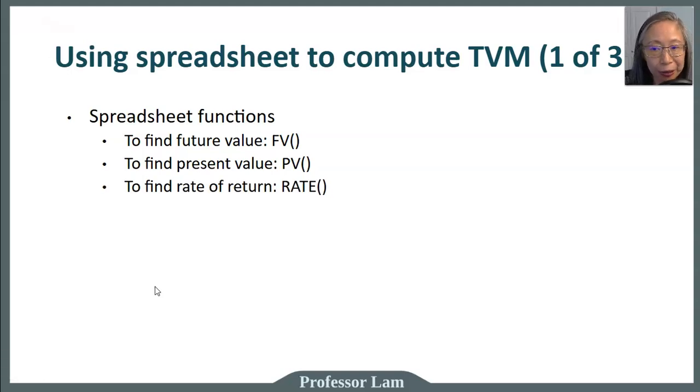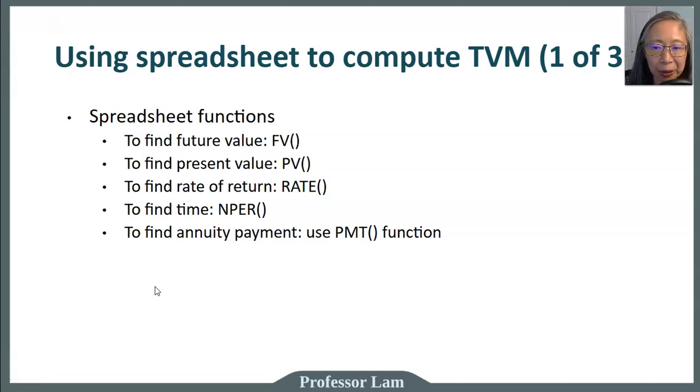To find the rate of return, the name of the function is RATE. And to find the number of time periods, it's NPER, which stands for number of periods. And to find the annuity payment, the function name is PMT. The names of these functions are the same for Excel and for Google Sheets.